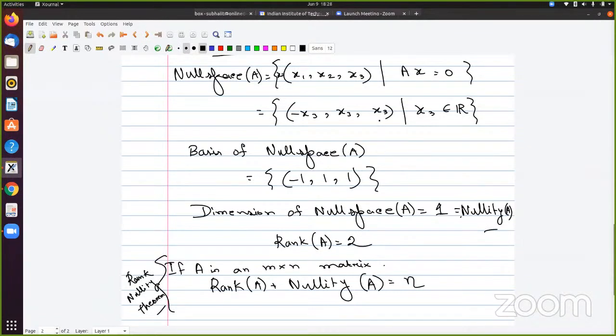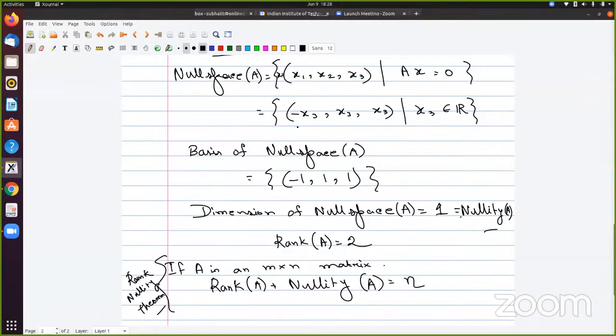Any value, not 0. Don't put 0, because then it will be just the 0 vector. That doesn't make sense. Anything other than 0. What will happen if we put 0 here? Then we only get the 0 vector, right?